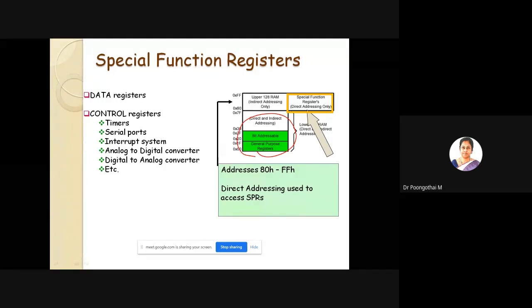In some microcontrollers, there is an additional 128 bytes of RAM which shares memory addresses with the special function registers, that is 80 to FF. This 80 to FF is allocated only for special function registers. These registers can be addressed directly, and each register has a direct address.